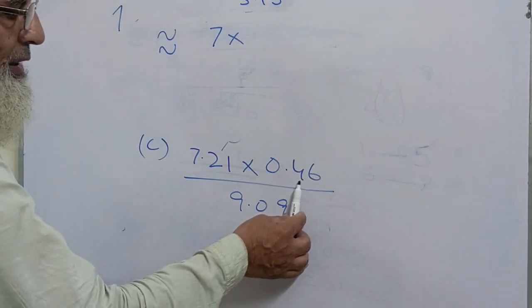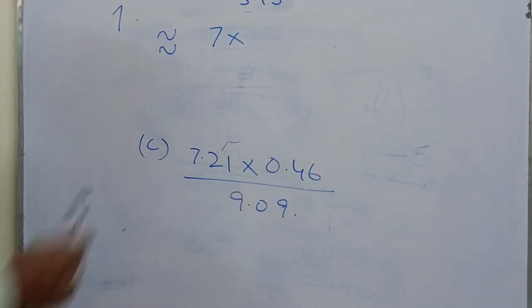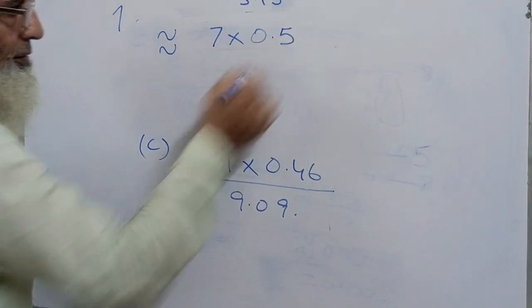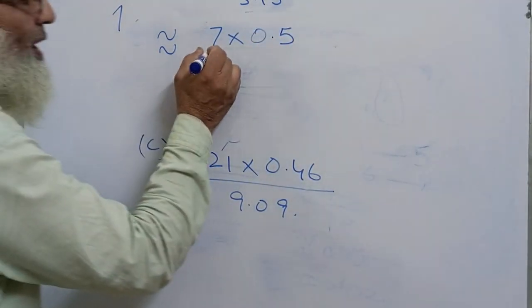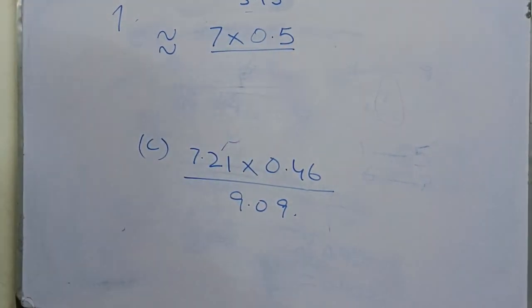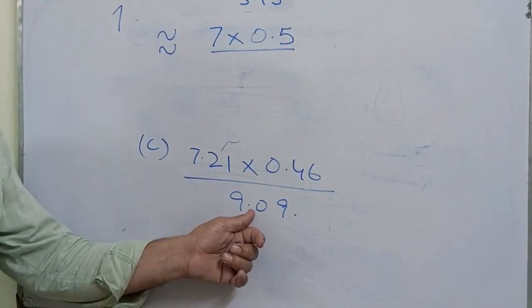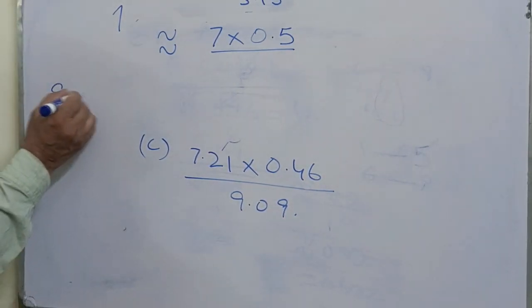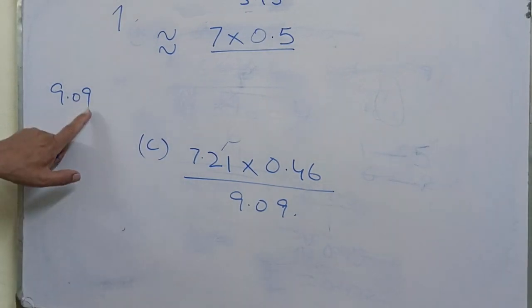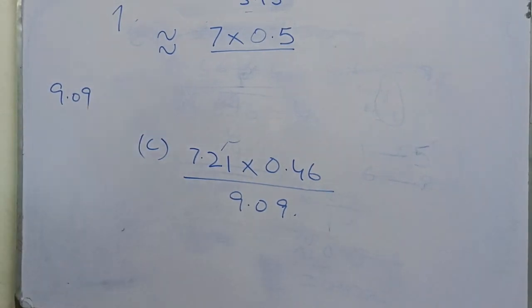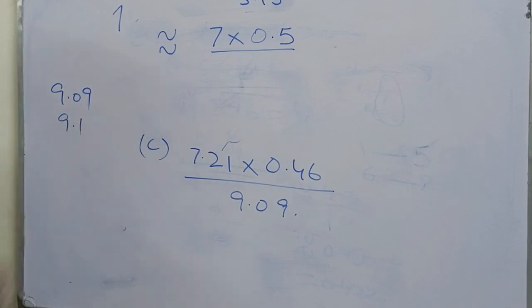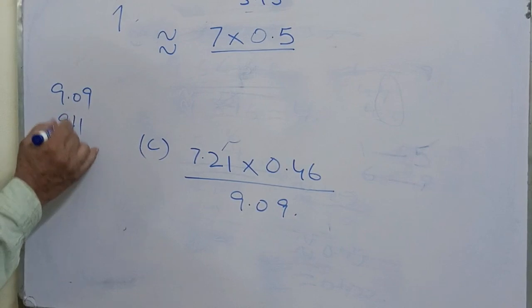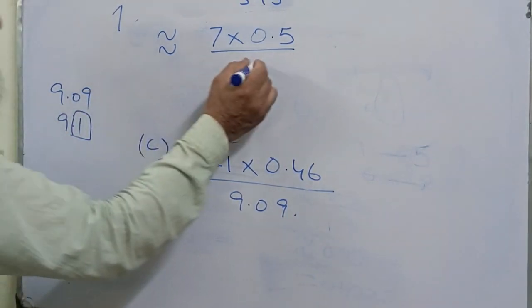For this you can go to the next decimal fraction, and that will be 0.5. And after that, for this 9.09, let me do it from over here. This is 9, so we can do it like this. And when it is 0.1, you can just leave it. So it will become 9.